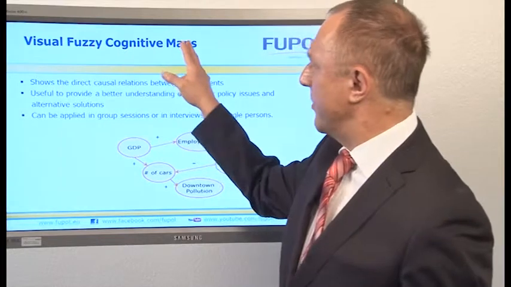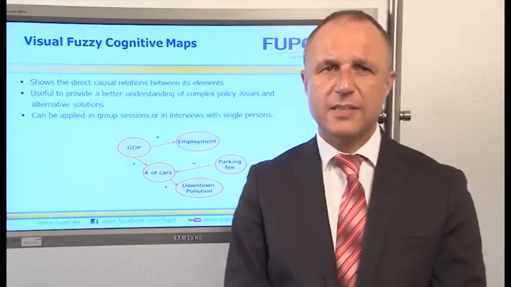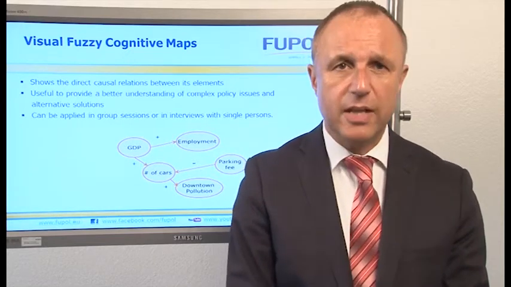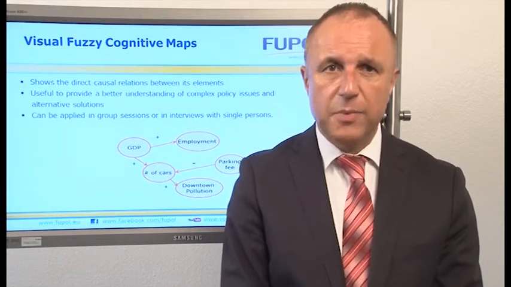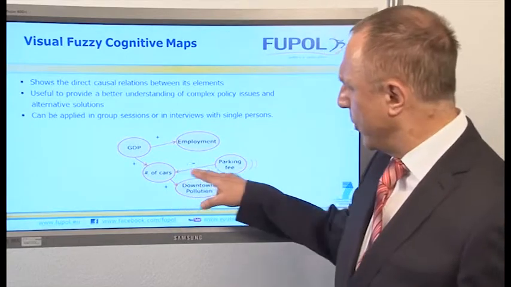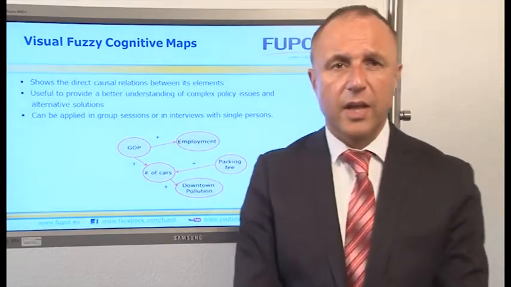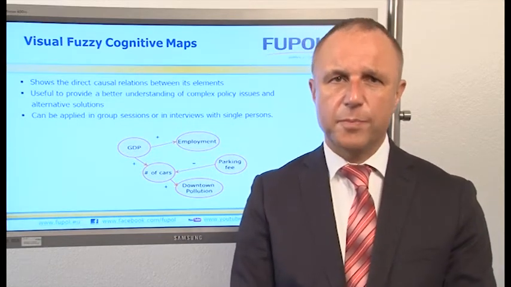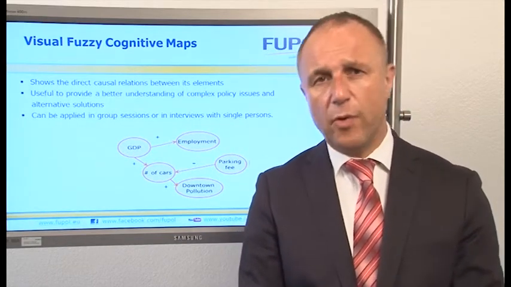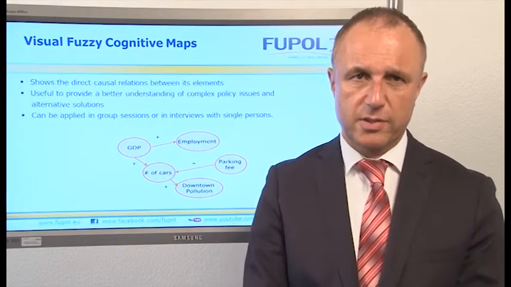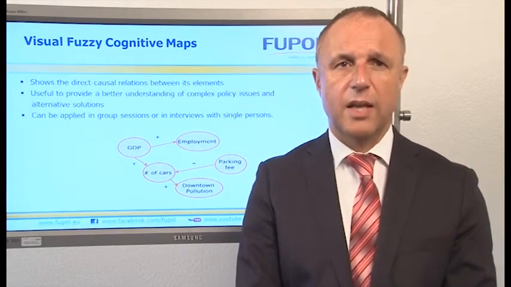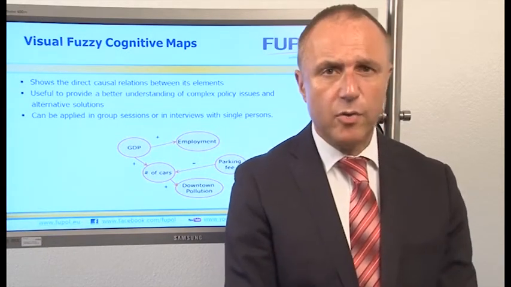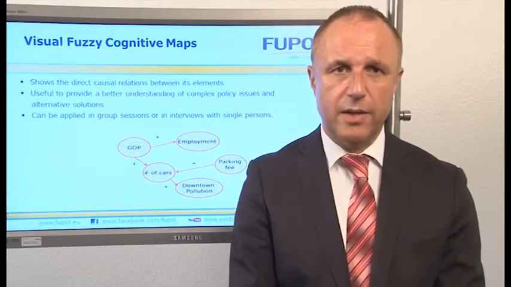A fuzzy cognitive map represents a system as a network, showing the direct causal relations between its elements through arrows. It is a quite suitable tool to represent political systems and support related decisions, because frequently important information may be missing, be unreliable, or be vague or conflicting.